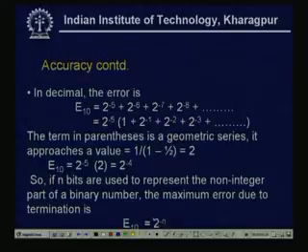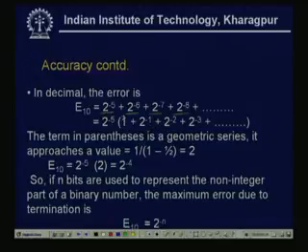This is 2 to the power minus 5 for the 5th bit. This is the error for the 6th bit, 1 into 2 to the power minus 6, then 2 to the power minus 7, 2 to the power minus 8, and so on. Now, if I take 2 to the power minus 5 common, then it will be 1 plus 2 to the power minus 1, plus 2 to the power minus 2, plus 2 to the power minus 3, like that.